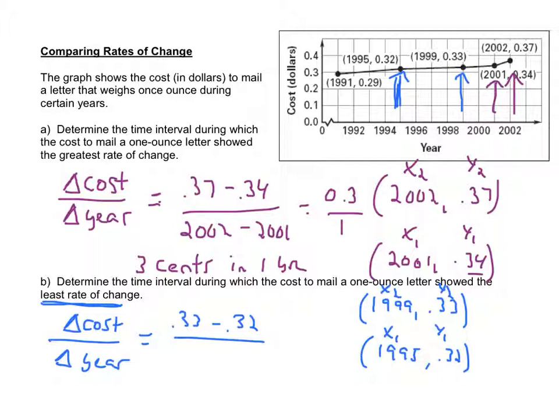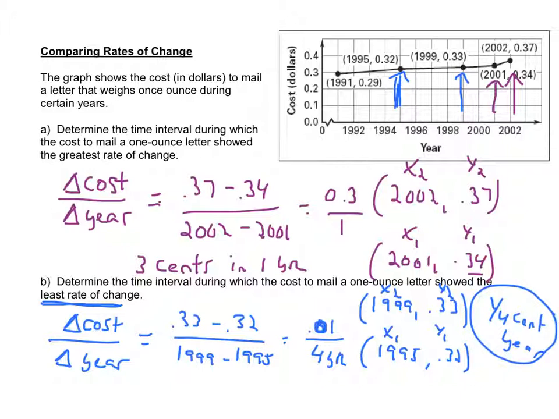And then I do 1999 minus 1995. And when I do that, I'll get 1 cent in 4 years. And I can reduce that to say that it would be basically 1/4 cent per year. So if you have 1 cent every 4 years, that makes it 1/4 cent per year. And that's going to be your rate of change for 1995 to 1999.